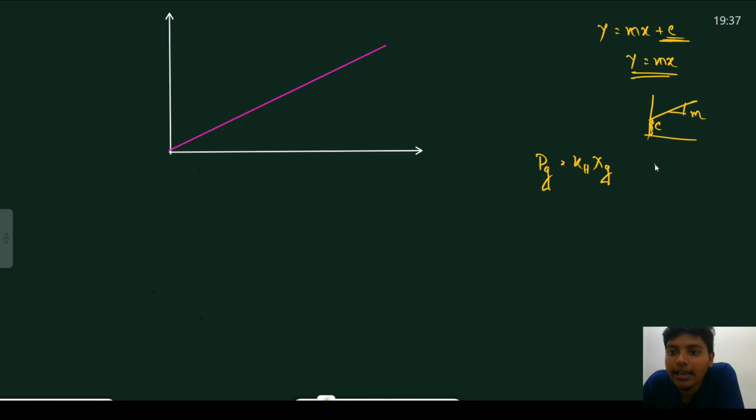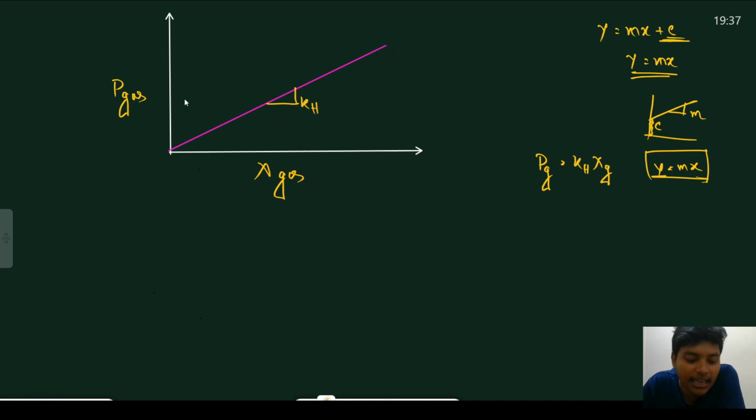This also looks like y equals mx. So if I make a graph of pressure of gas and mole fraction of gas, it will be a straight line through the origin, and the slope of it will be this Kh. Clear or not?